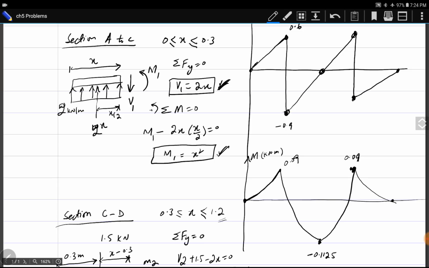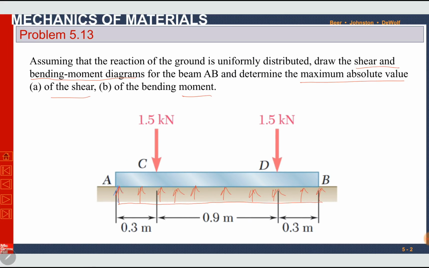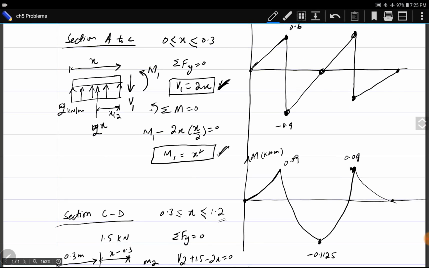Now, in the problem statement, we were asked to draw shear force and bending moment diagram. So we have drawn shear force and bending moment diagram. Then we were asked to determine the maximum absolute value of shear force and bending moment. So from the diagram, we can see what is the maximum absolute value of shear force and bending moment.